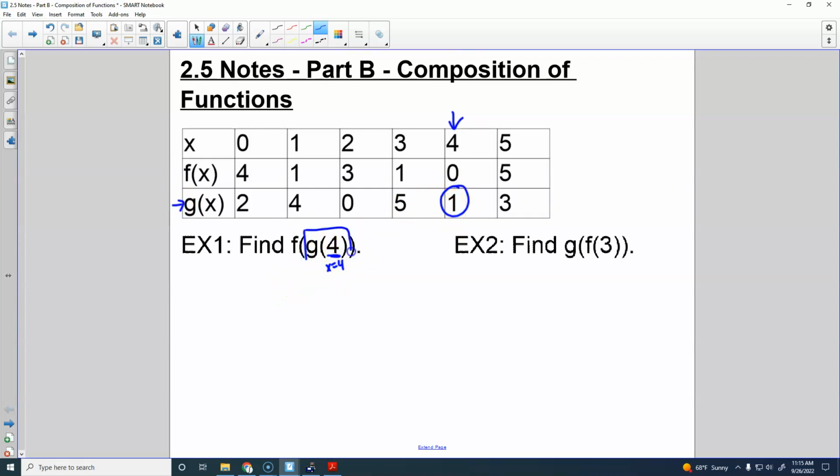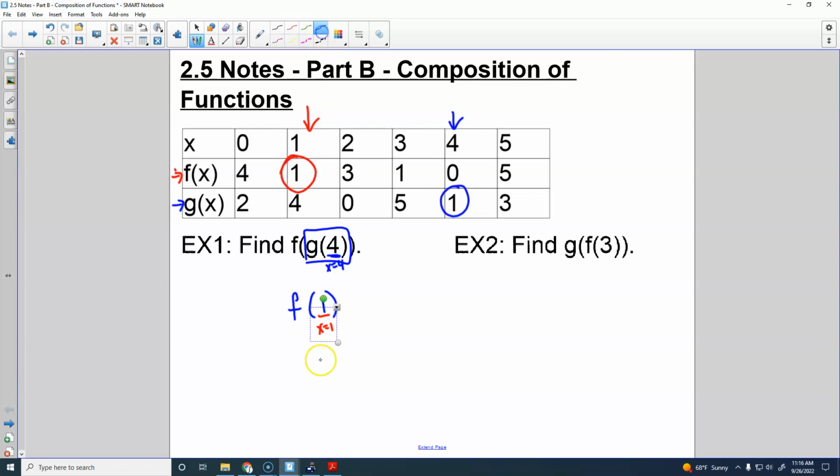G of 4 would be 1. But that's just the inside part, right? So g of 4 equals 1. So now I have f of 1. So f of 1, I'm looking where my x equals 1. We are looking at the f function. So that would be this cell right here.